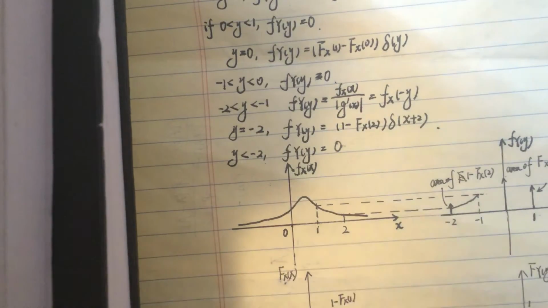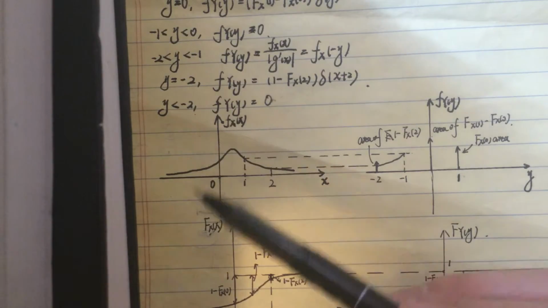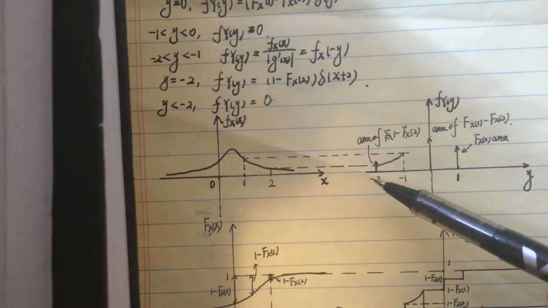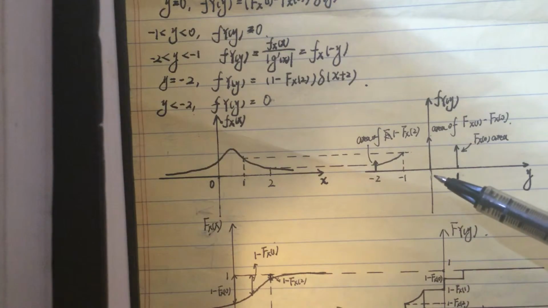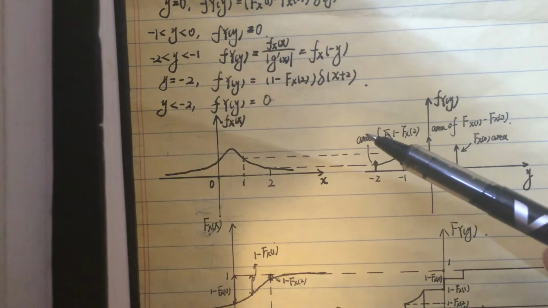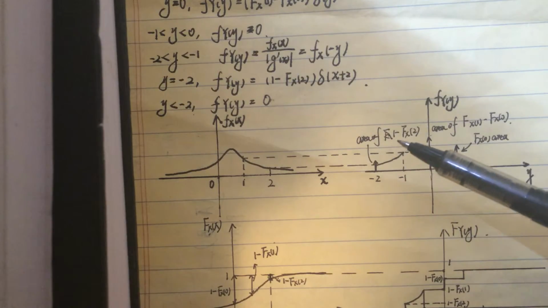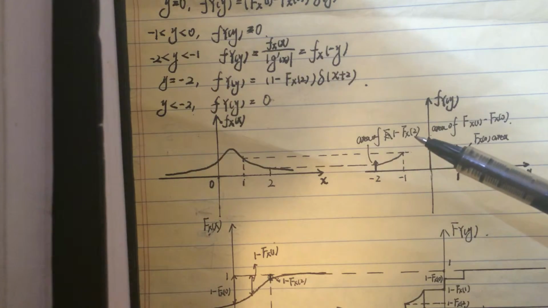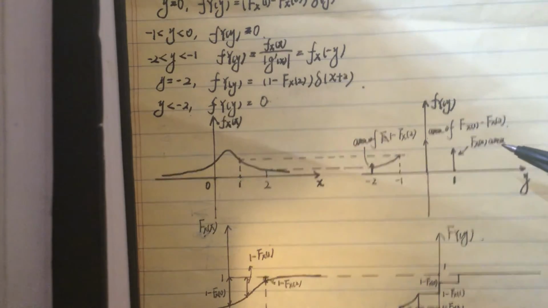And now we can sketch f_Y in terms of f_X. Let's look at this. At minus 2, minus 1, and 1, there is area defined on the three points. The values of the area are 1 minus f_X(2), f_X(1) minus f_X(2), and f_X(0), respectively.